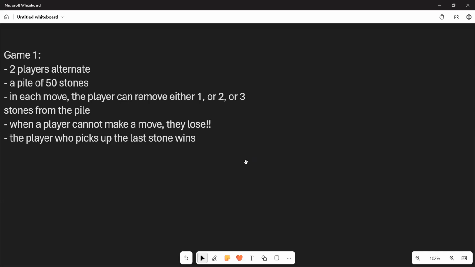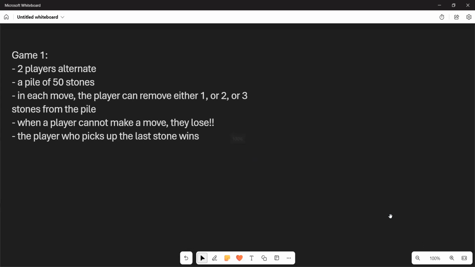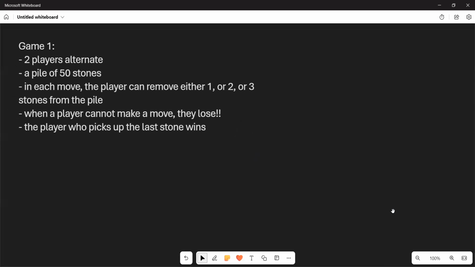So people have raised hands. Shivansh, go ahead. Ma'am, do you have to make your own pile bigger than the other one, or just reduce the pile of 50 stones?